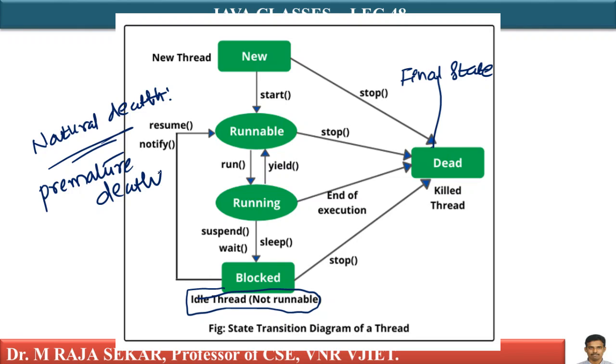A thread can be killed in newborn state, or if a thread is killed in running state or blocked state without completion of its task, I can say that thread enters into dead state. That particular death is known as premature death.